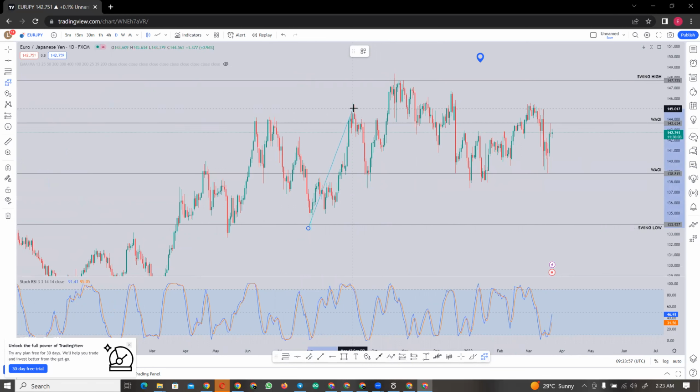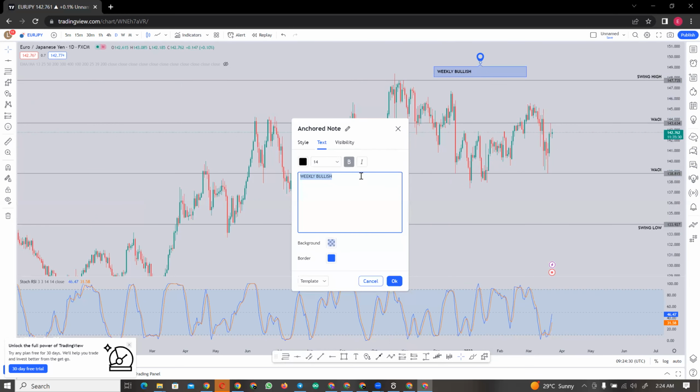We have this. Then market is still within this swing. Just like weekly, we are still bullish on daily. You are bullish on daily time frame. While marking my structure, I just keep my mind open in order not to complicate things. So on daily, we are bullish.